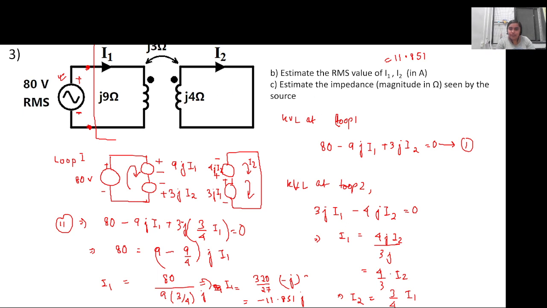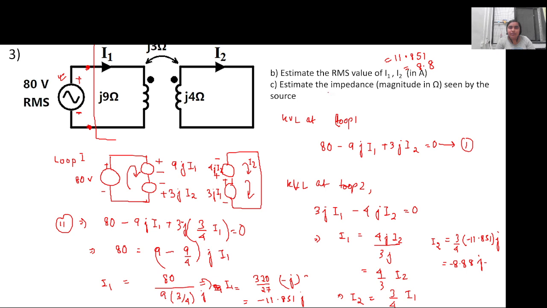I2 you can just substitute and get the value. I2 will be 3 by 4 of 11.851, which is 8.8. So the RMS value will be 8.8.